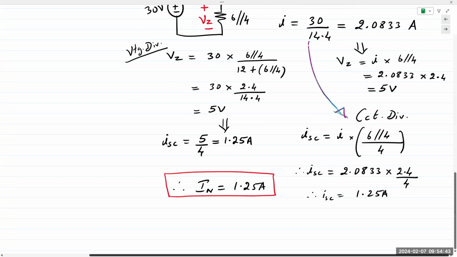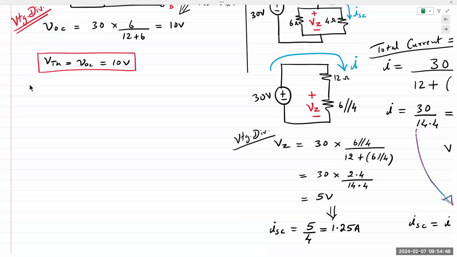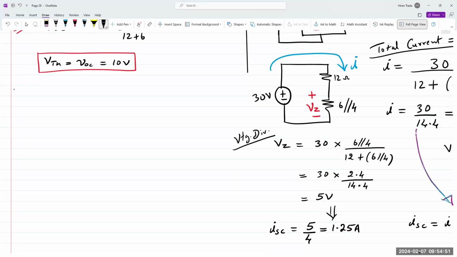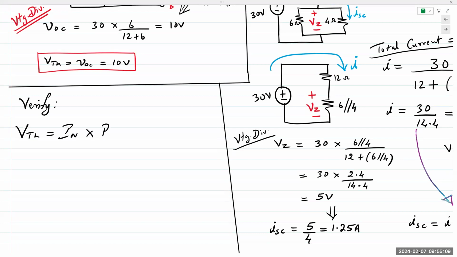Verify your answers by applying Ohm's law. IN is 1.25, RTH is 8. That does give me 10 volts, which is what I found for VTH.